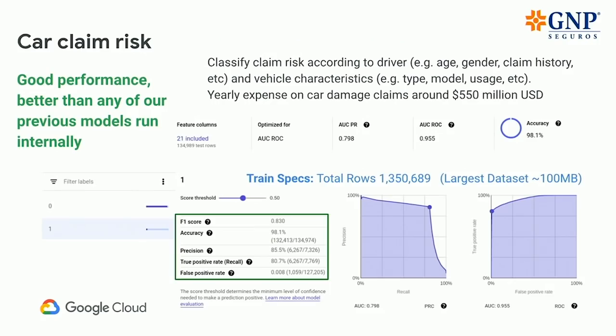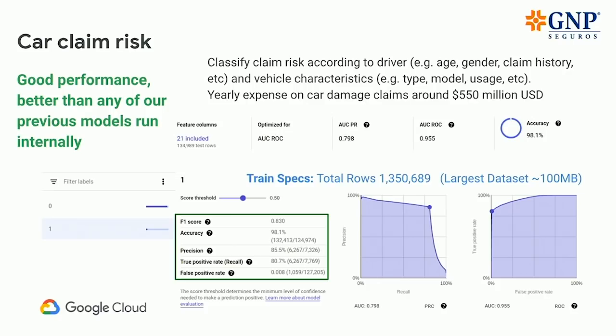So the first example is really simple. Given the characteristics of the insured car and of the owner, try to predict the probability of that car of having an accident. And to provide the technical highlights of this exercise, I'll allow Carlos to share it with you.